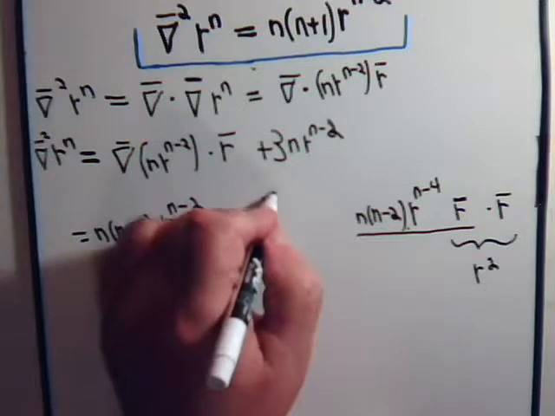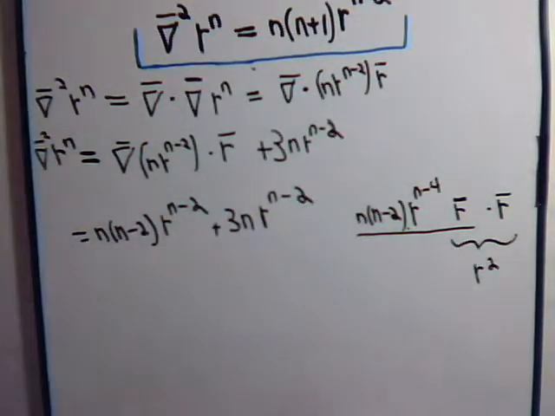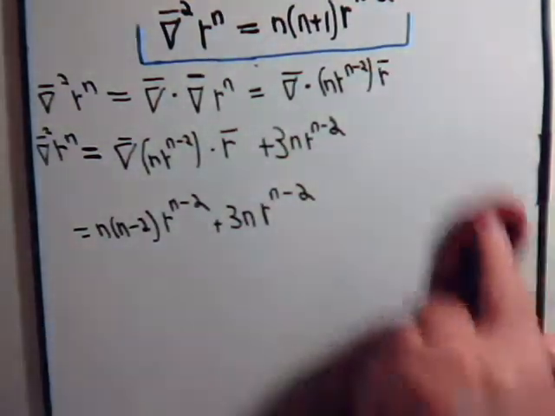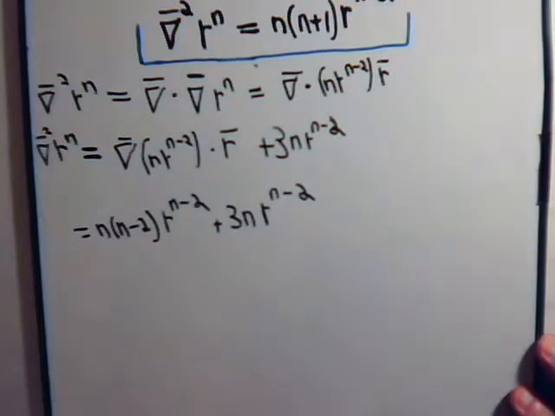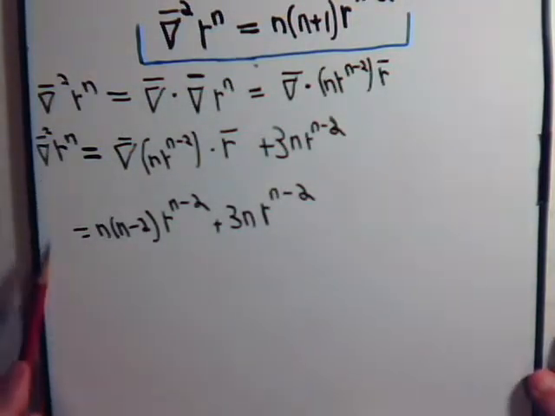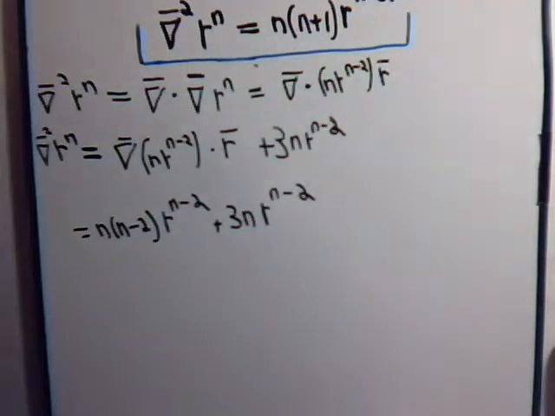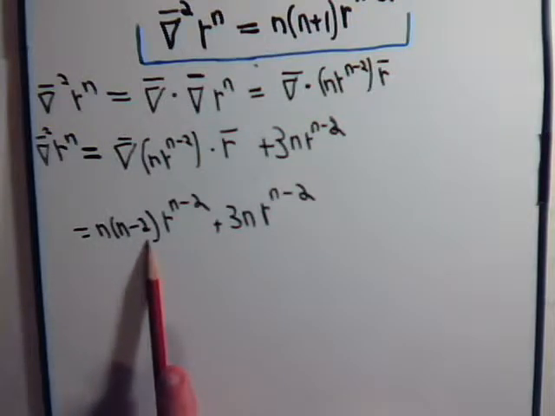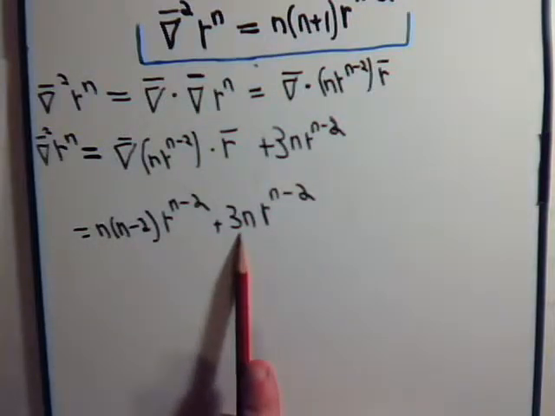Plus we have this expression, plus 3n times r to the n minus 2. Again, that is what we're saying that this is equal to. So let's see. Here we have minus 2n plus 3n.